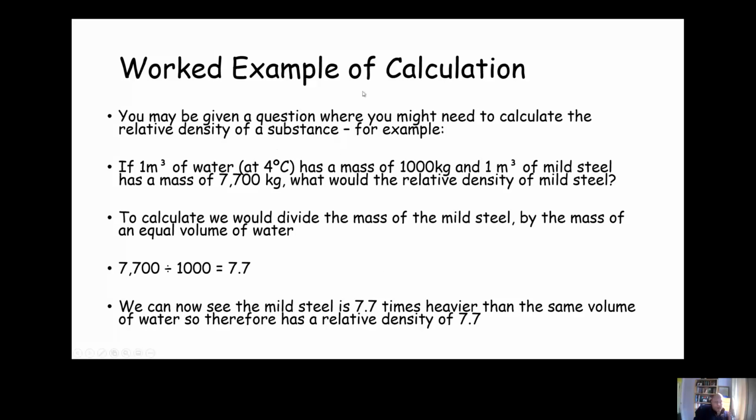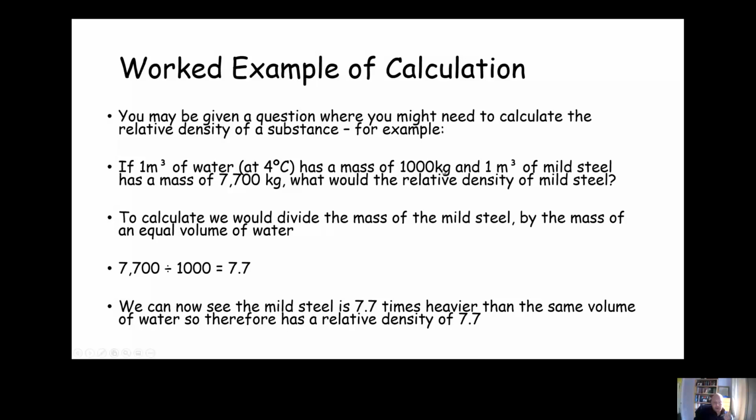Yeah, one thing worth noting, I touched on this a little bit earlier: if 1 meter cubed of water at 4 degrees C has a mass of 1,000 kilograms, well, that's how much it'll weigh. 1 meter cubed of mild steel is a massive 7,700 kilos.